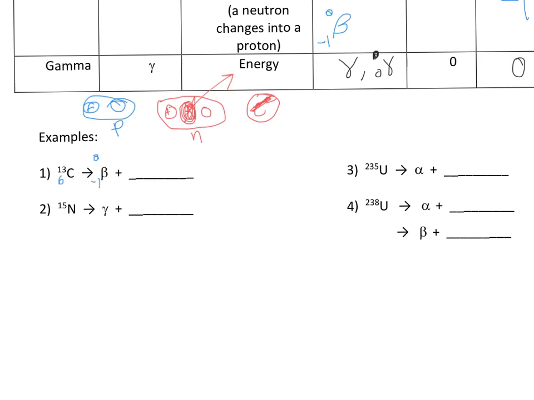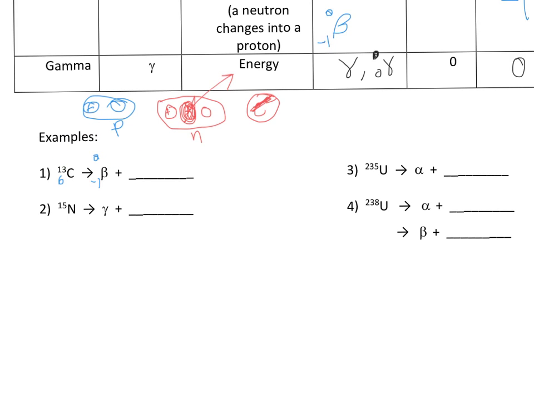The idea here, whether it's a chemical reaction or a nuclear reaction, is that both sides of the equation need to equal each other. The total before the arrow needs to equal the total after the arrow. So whatever is here, when you add it to a beta particle, needs to equal this. Starting with the mass number, this side needs to equal this side. So 0 plus what is equal to 13?